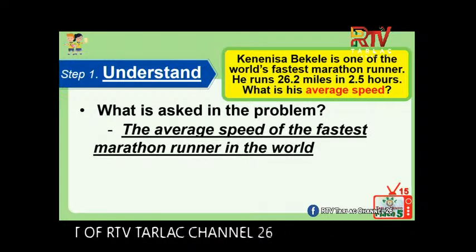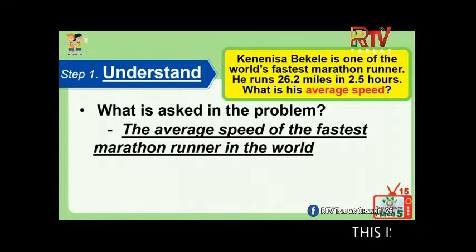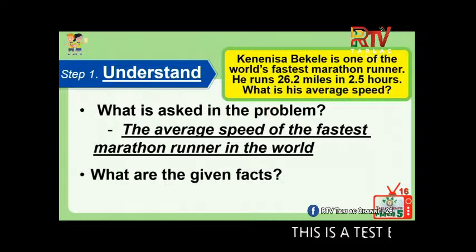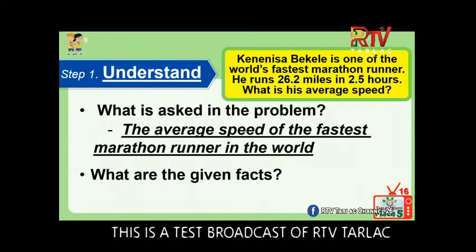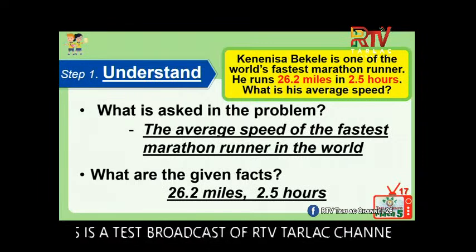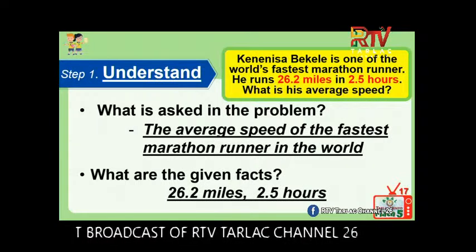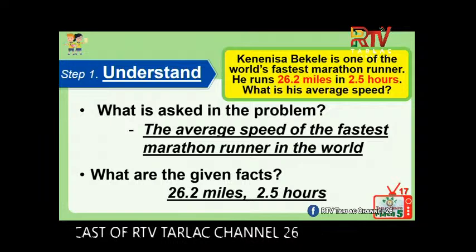Our answer, the average speed of the fastest marathon runner in the world. Next question will be, what are the given facts? The given facts based on the word problem are 26.2 miles and 2.5 hours.